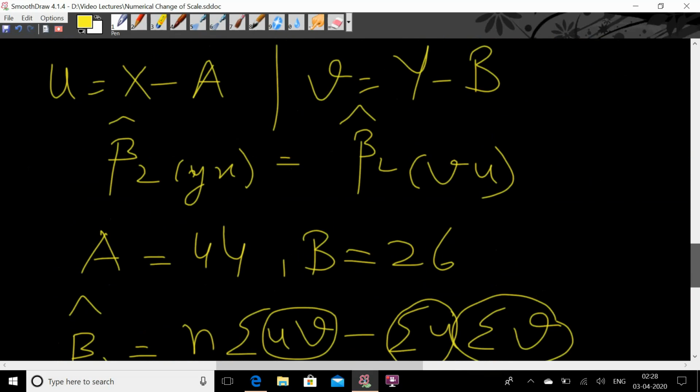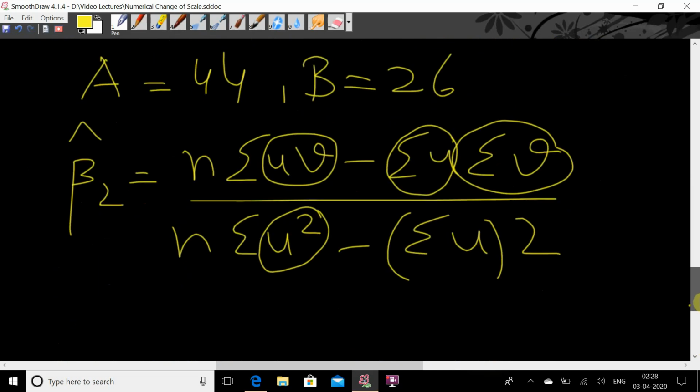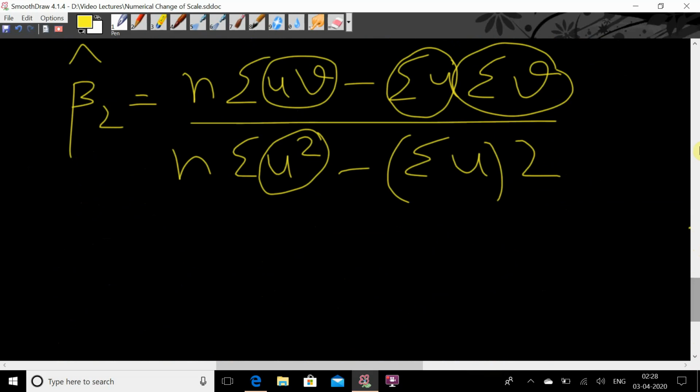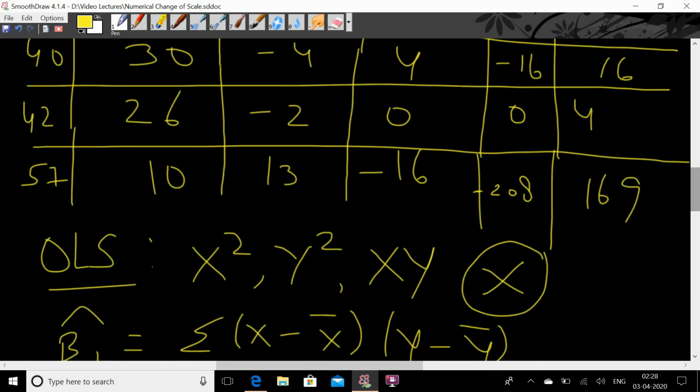So now if you calculate these values, n is 12 because there are 12 observations. Summation uv: if you sum the second last column, the sum comes out to be minus 306.